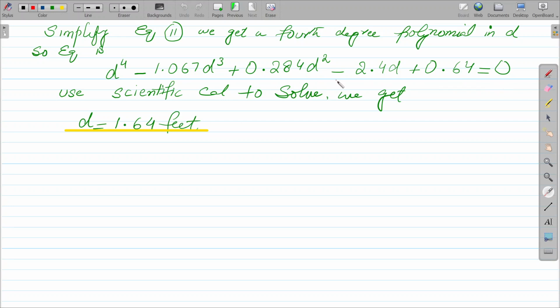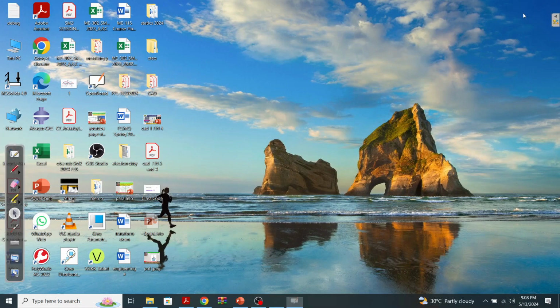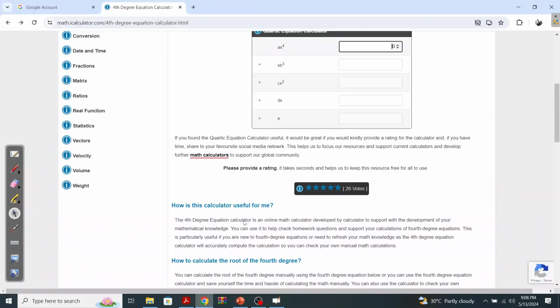Now we are interested in solving this polynomial. You can use your calculator to directly put these constants in to solve it. Or what we can do here is put in the values of those coefficients.